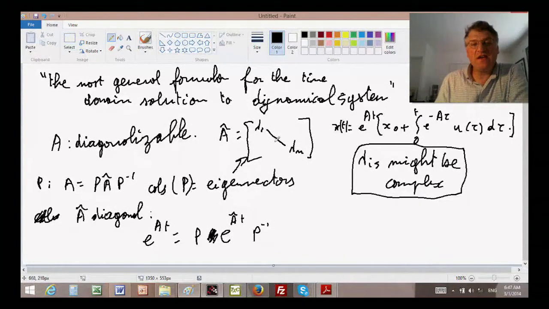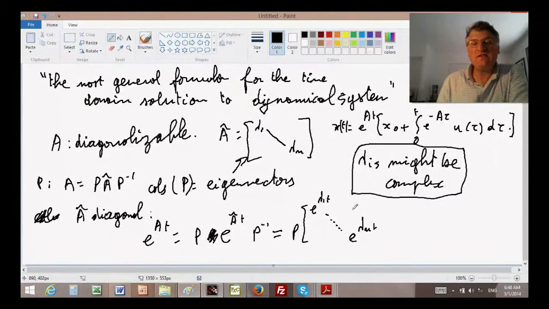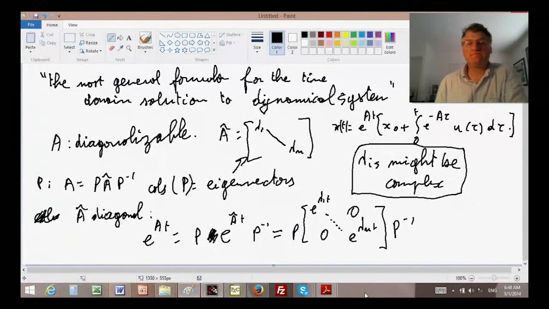Now, since A tilde is diagonal, this will simply be equal to the matrix made of the diagonal entries e to the lambda 1 t all the way through to e to the lambda n t, with zeros everywhere else, such that we have a general expression for x, and it will read as follows.